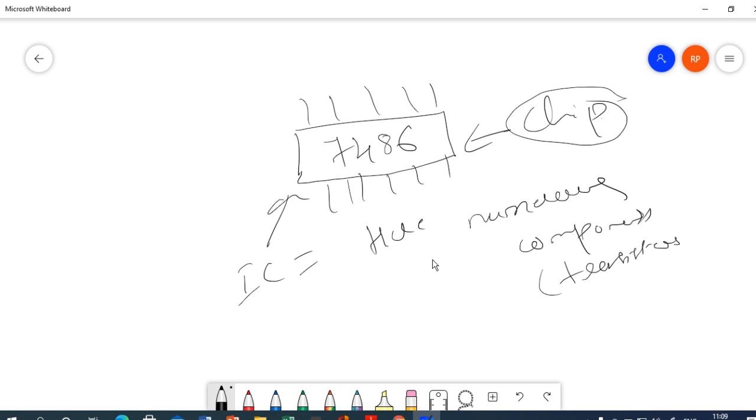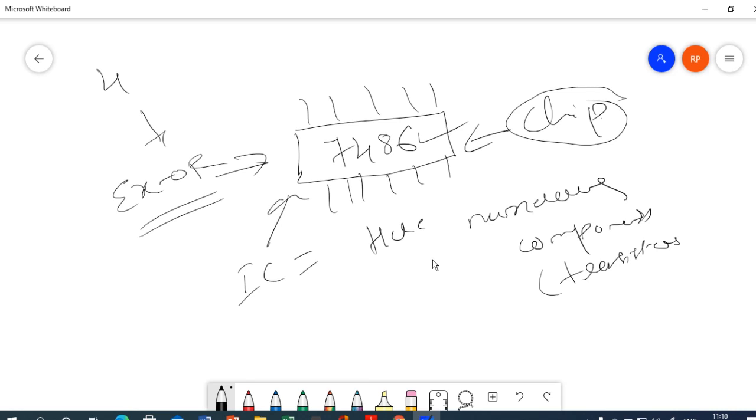If I take 7486, it is an XOR gate. I hope you remember this. 7486 is an XOR gate which performs the XOR operation. This 7486 holds 4 XOR gates which you can utilize to perform any operation.